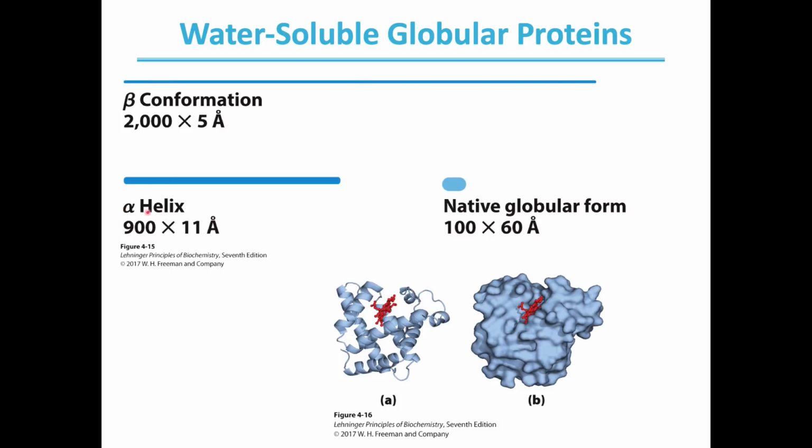If this were alpha helix, it would be shorter, about 900 angstroms, and fatter, 11 angstroms in width. And then if you were to have a native globular form, it would be a much more compact structure, and this is just one example, 100 angstroms in length and 60 angstroms in width. So a much more compact molecule.